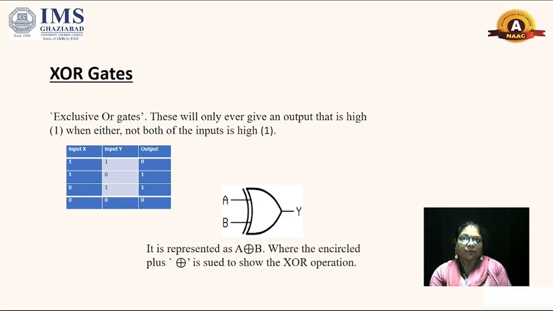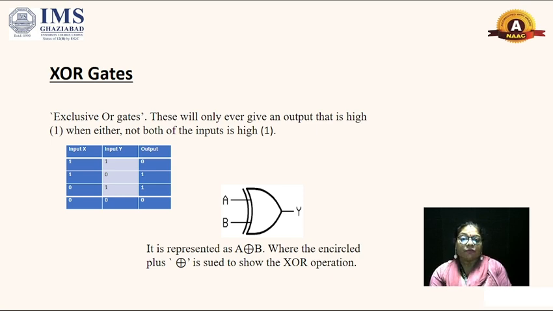Otherwise, when both the inputs are 0 0 or 1 1, we will get the output as 0. So 0 0 will give the 0, 0 1 will give the 1, 1 0 will give the 1, and 1 1 will also give the 0.